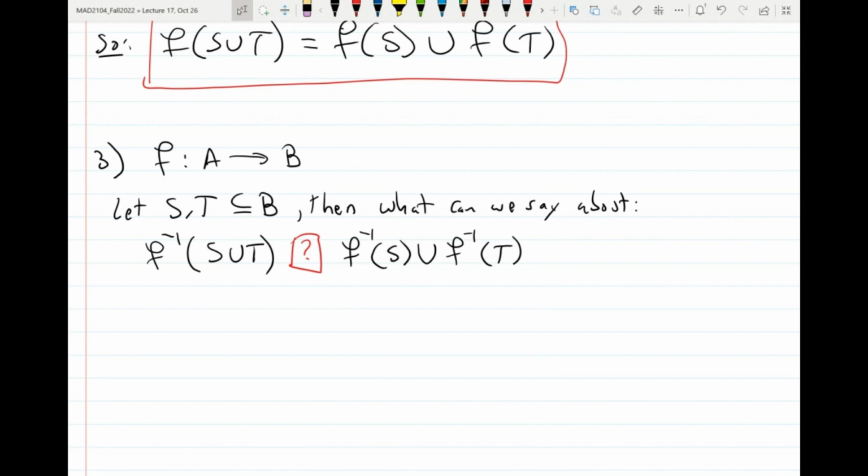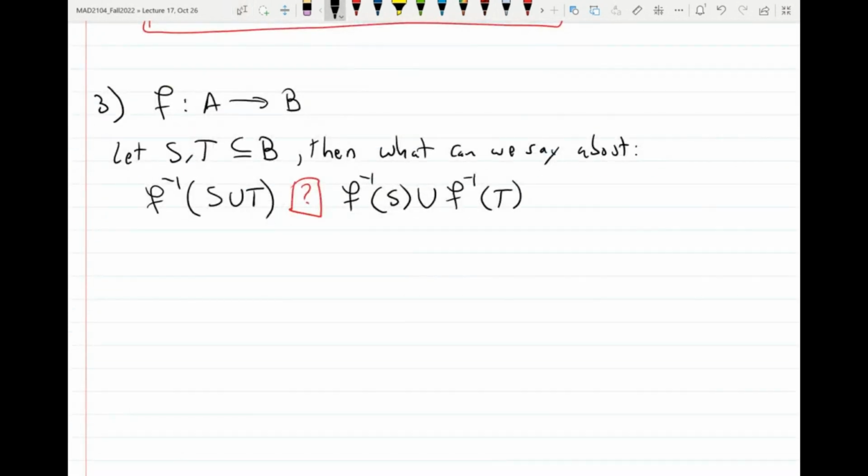All right, so let's see, what do you think? Does equality hold? Let's just do it. So how do we begin? What letter should I use, A or B? Letter A. Does everyone understand this?